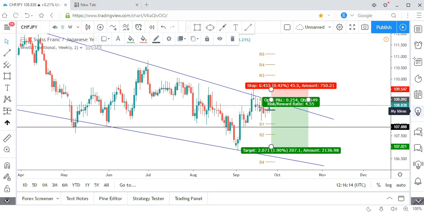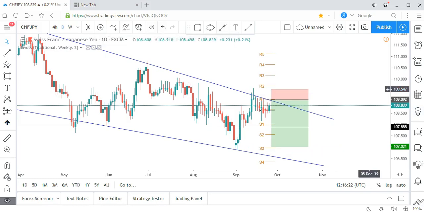You do a multi-time frame analysis and look at what price is doing at key levels. So right now on this chart, we are waiting for price to push up and retest the R1.